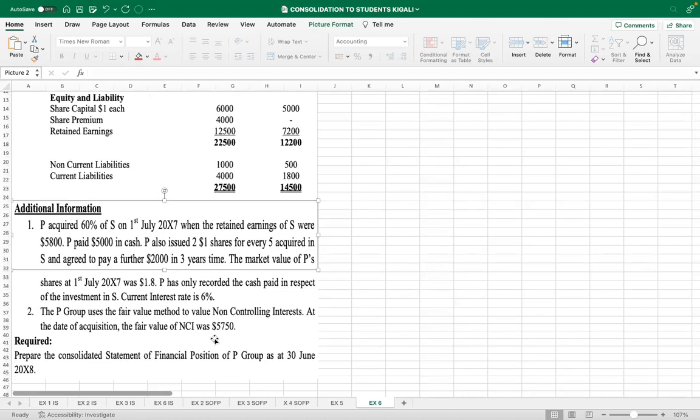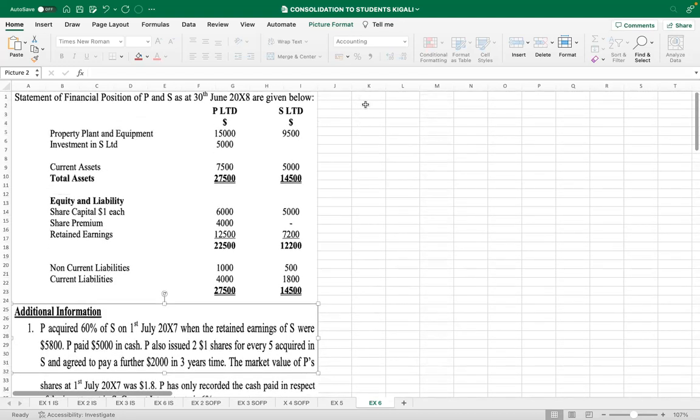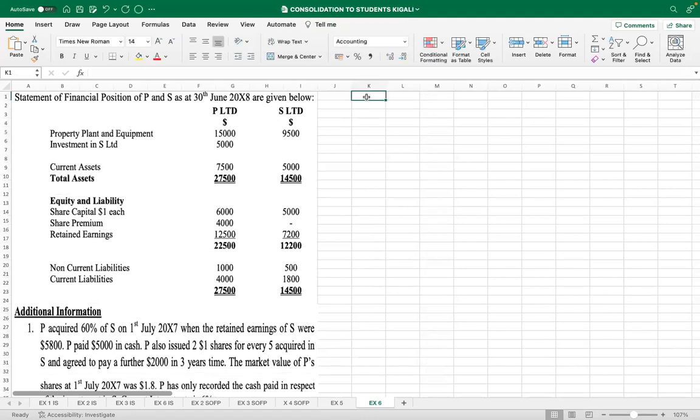Now, this question is showing us how to consolidate when there is a working on cost of investment required. Prepare the consolidated statement of financial position of P Group at 30th June 20x8. In the previous session, we have learned that whenever you are having such a question, you start by preparing the consolidated statement of financial position.